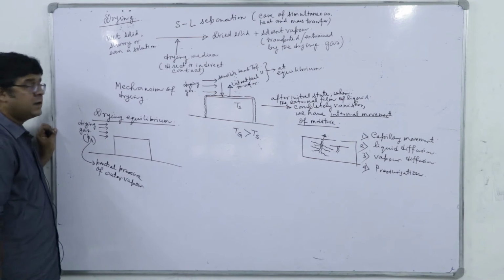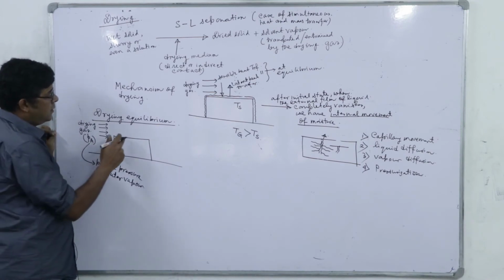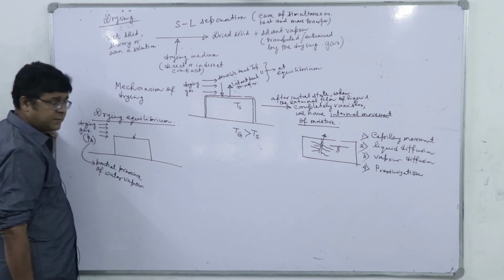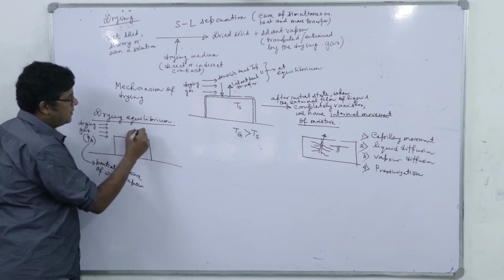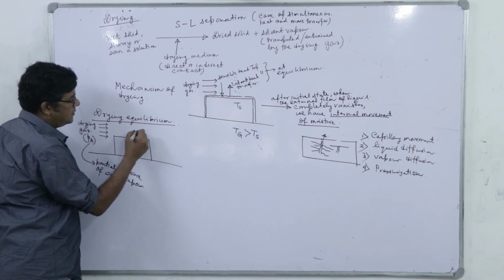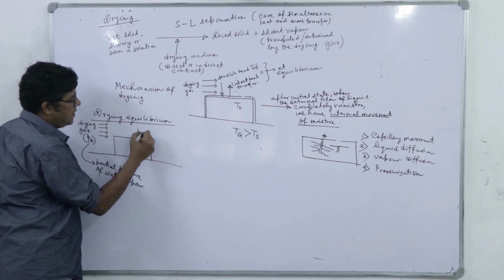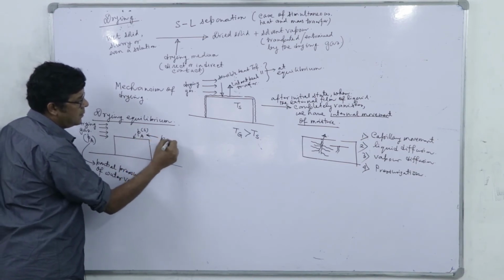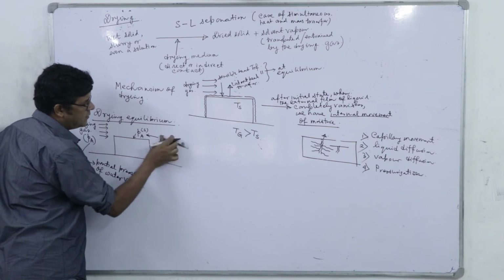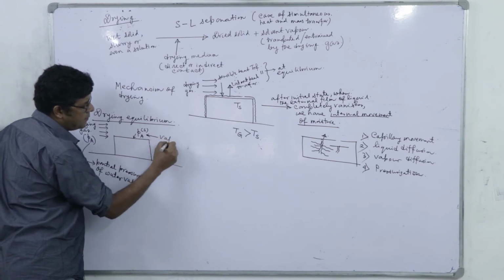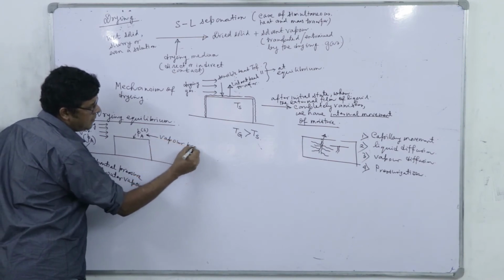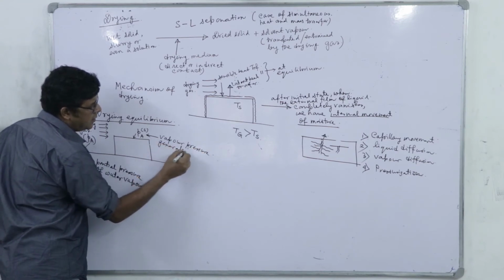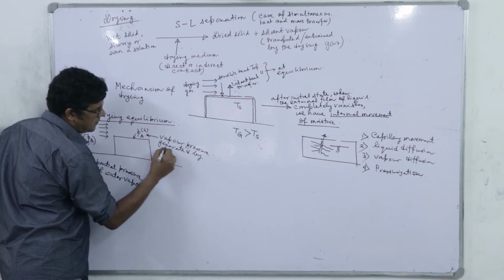Right. Now, what happens? The moisture in the solid will also generate a vapor pressure at the surface. So that is, let us say, PAS, the partial pressure or vapor pressure generated by solid moisture.